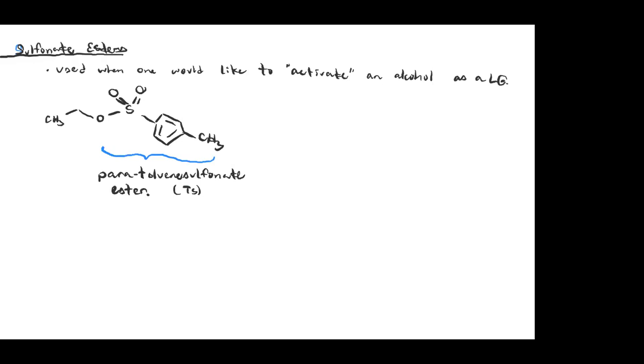Okay, so there's a couple different ways to describe these things, and so I can write this as CH3 TS, and that tells me that I've got that entire SO2 phenyl methyl group on there, okay? So this one's very common.